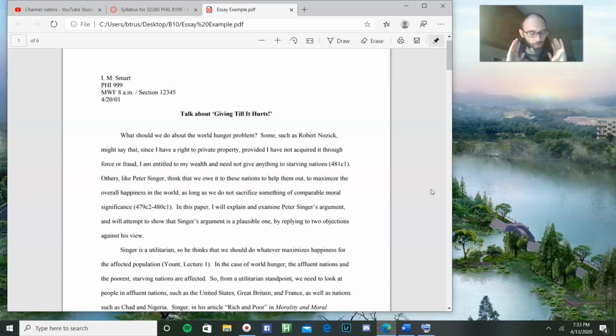Note that this paper is for an entirely different assignment, an entirely different class, but it's a nice argumentative paper. So let's talk about what you can do with your introduction for this assignment. Some things that this author does that you can steal from them. The first thing is jump right into the issue.